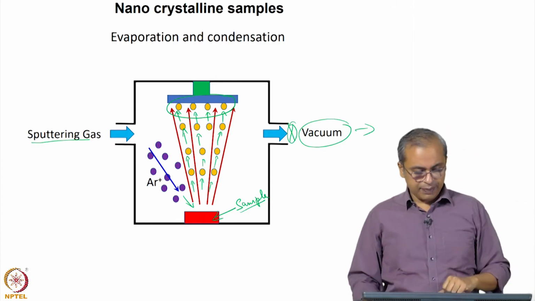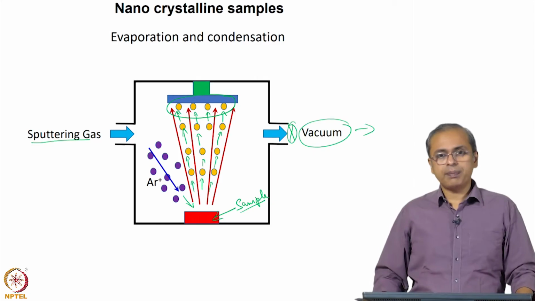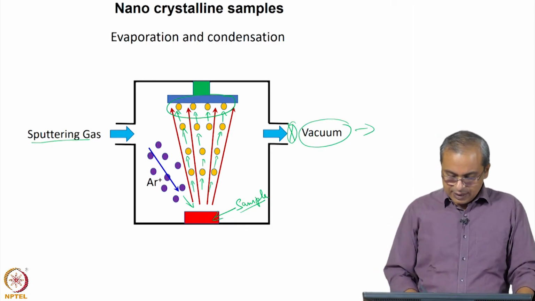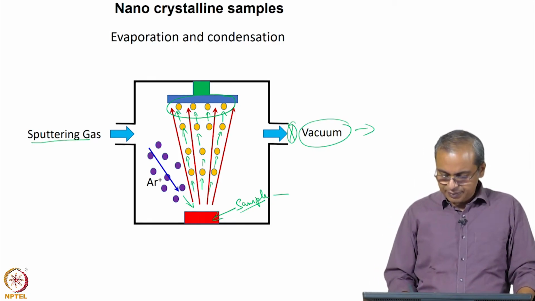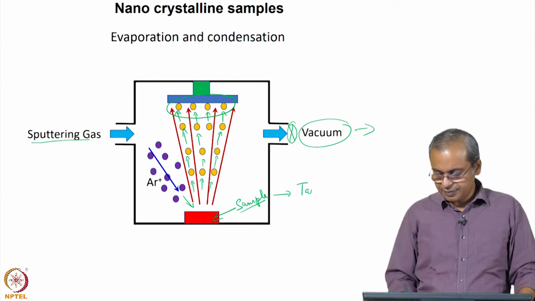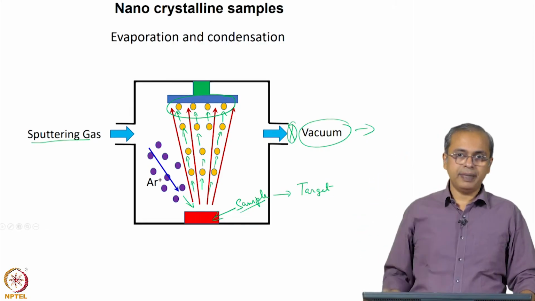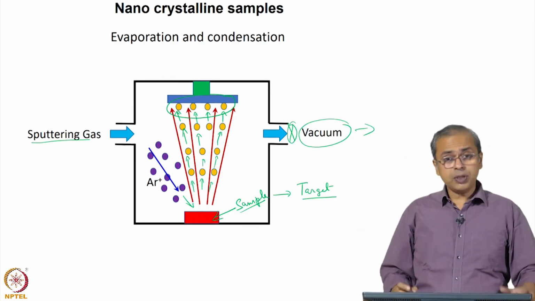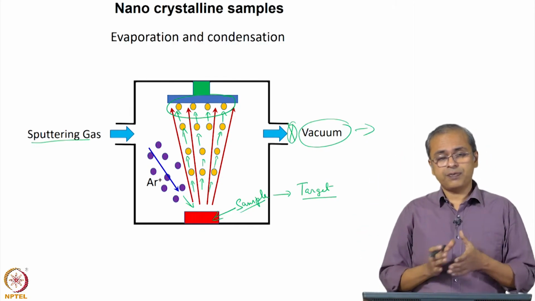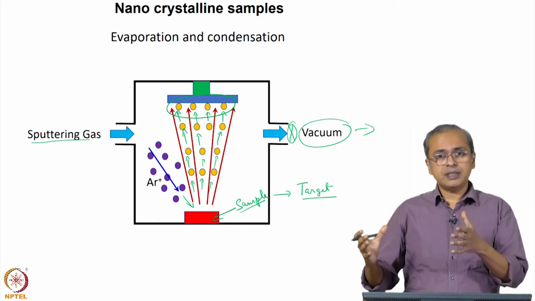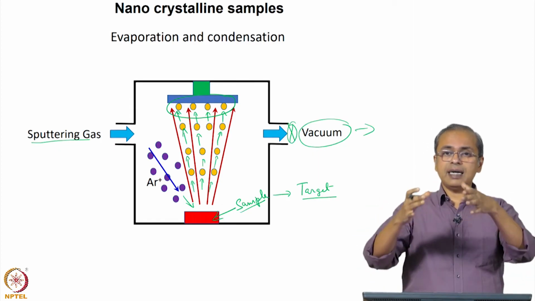In the electron beam process as well as the sputtering process, the sample is used as a target, because it is hit by the argon ion or the electron beam. Usually if you go for these kinds of sputtering units, commercially available sputtering units will also sell targets for you.